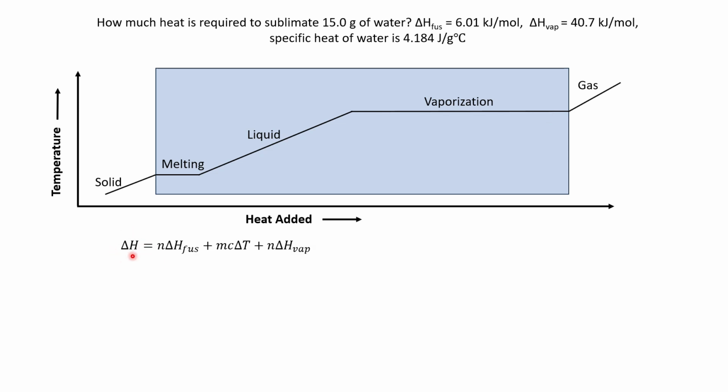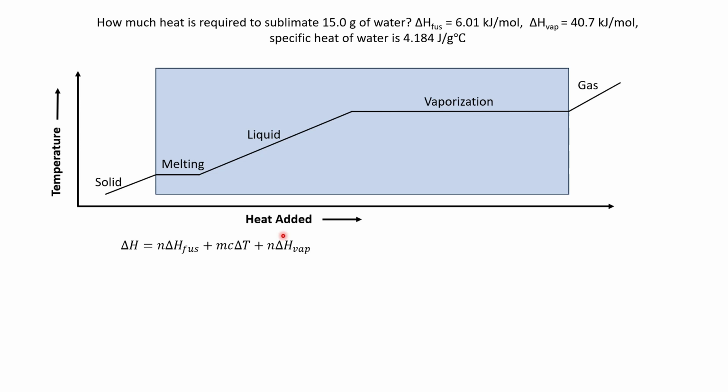So our enthalpy of this phase change is going to be our enthalpy of fusion, again, melting our water. Then this term right here is taking the liquid and heating it up to the boiling point. And then, of course, we need to vaporize it. So we're affecting a phase change from solid to gas.